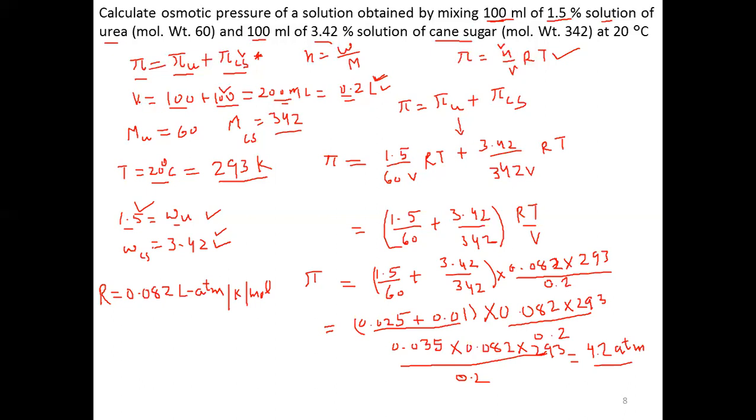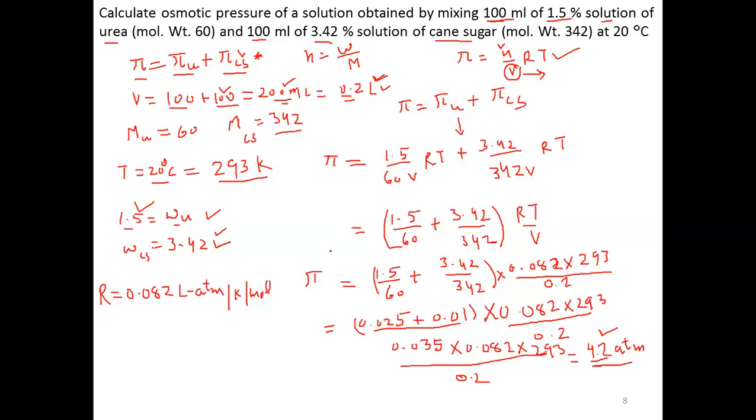We have to take the total volume of the solution made by mixing two solutions, 100 ml plus 100 ml, which is 200 ml. That is the only precaution. We should not take 100 here, we should take 200. That's it. Now by simply solving, we get the answer 4.2 atmosphere.